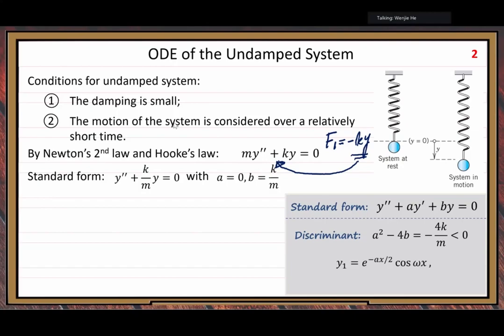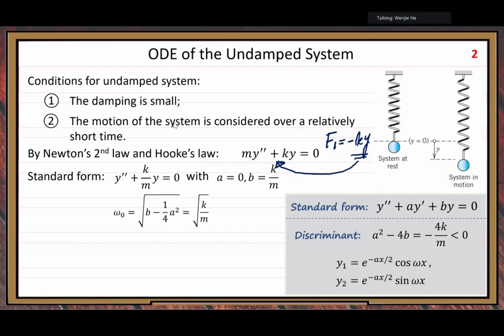So there is an a part, but a is 0, so this e function part becomes 1. So y1, y2. Then omega 0.